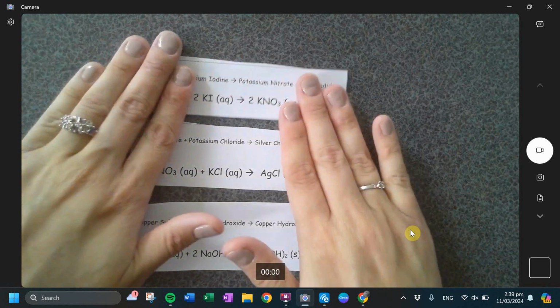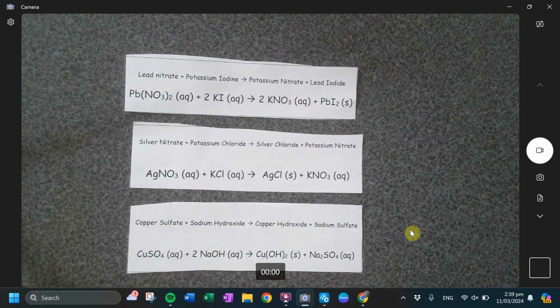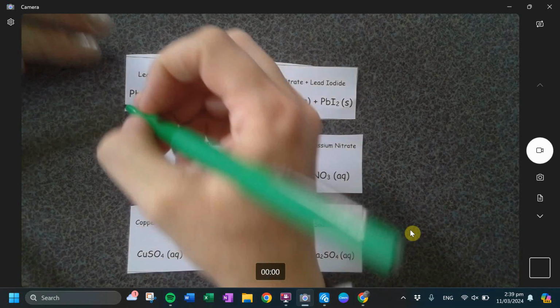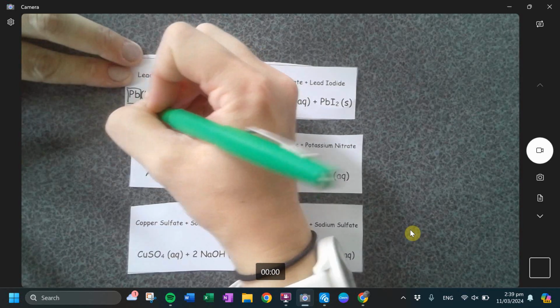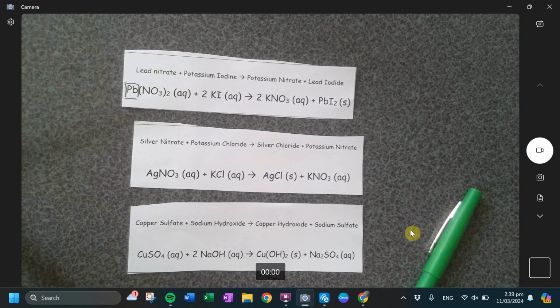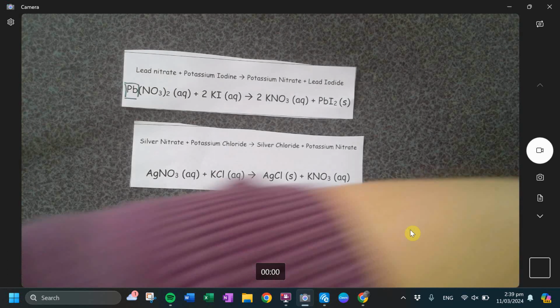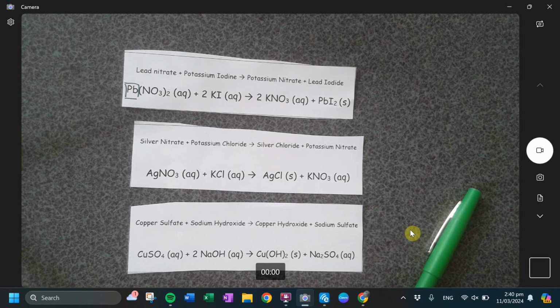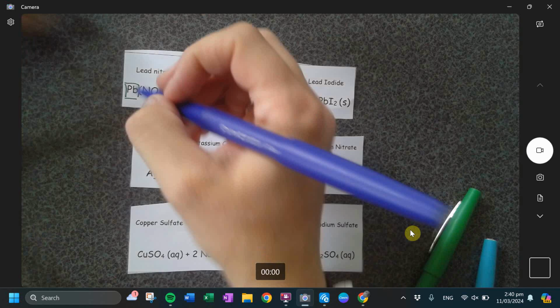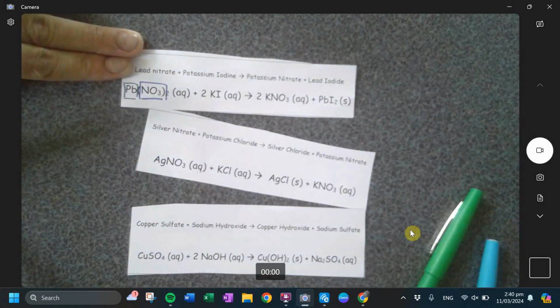Okay, let's talk about these guys. So this one here, you're going to have ionic compounds. Let's go through, and I'm just going to show you guys. Oh, I need 4 colors actually. Let's see, blue and blue. Okay. All right, so in my initial combo, I have lead and nitrate.